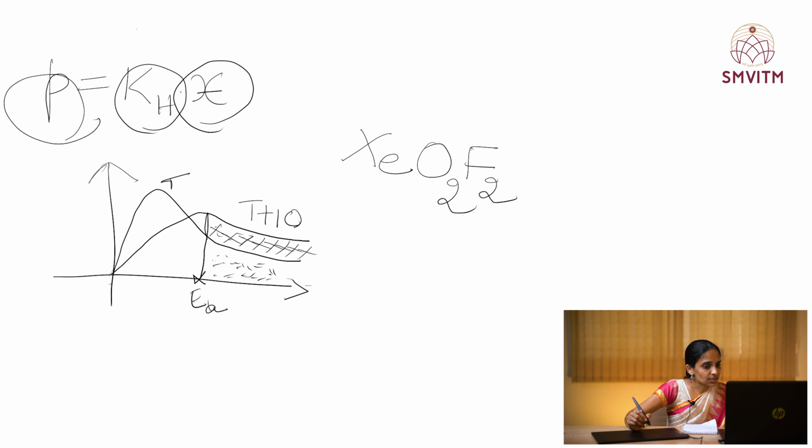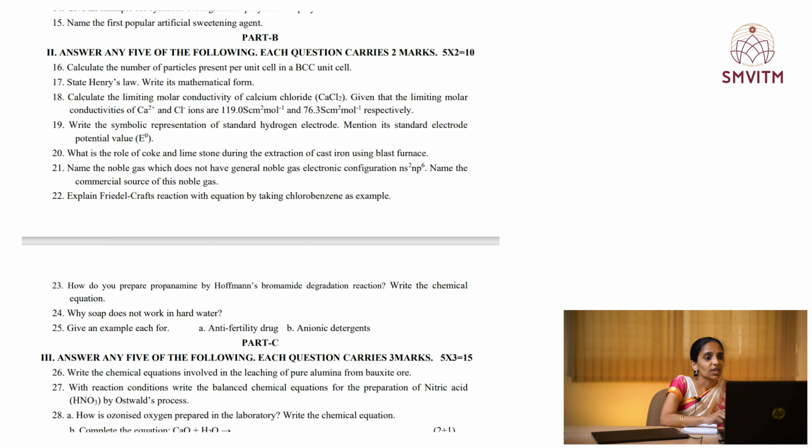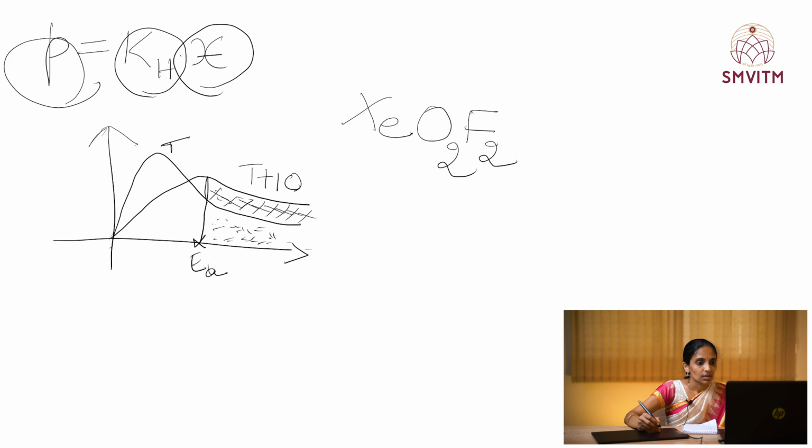Alright, then the next 2 mark question is a problem from electrochemistry on Kohlrausch law. Here, limiting molar conductivity of calcium chloride is asked and the values of limiting molar conductivities for the 2 of its ions are given. So, how to solve this problem? First you write the formula.